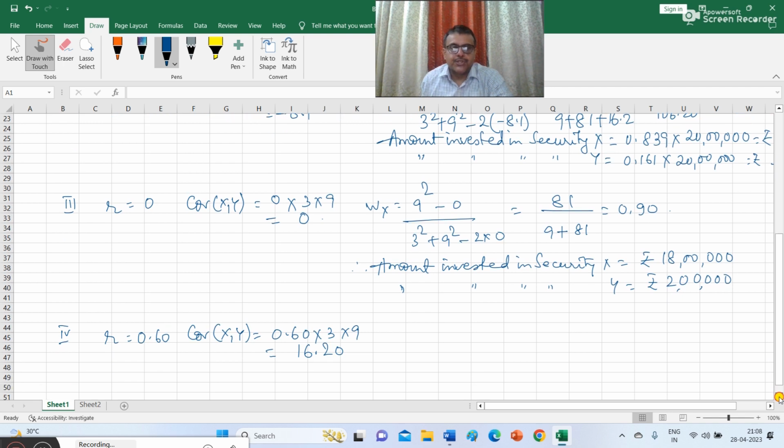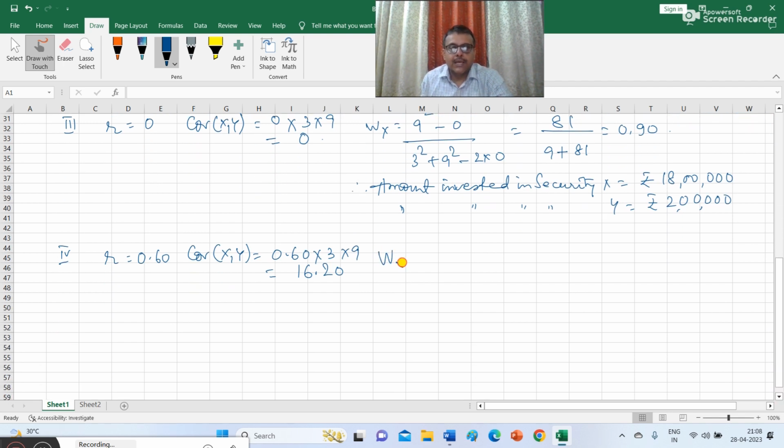Now the fourth situation. Wx will be equal to 9 square minus 16.20 divided by 3 square plus 9 square minus 2 into 16.20.